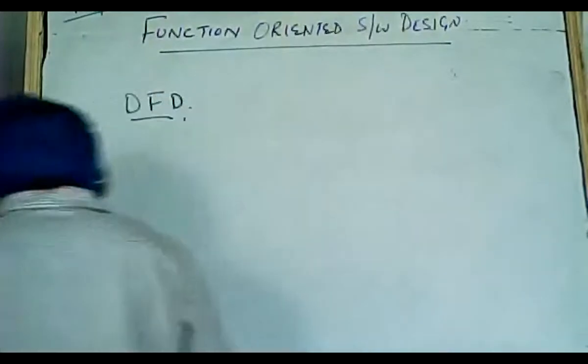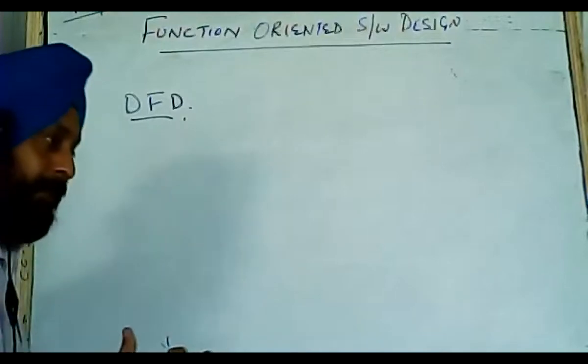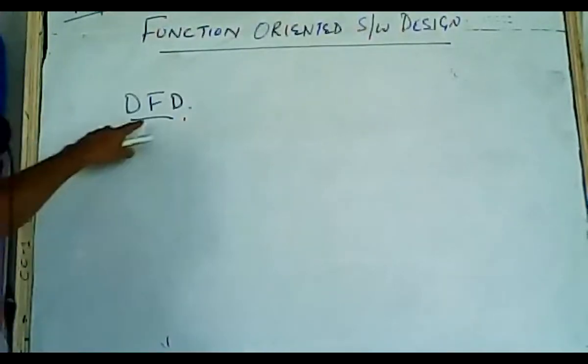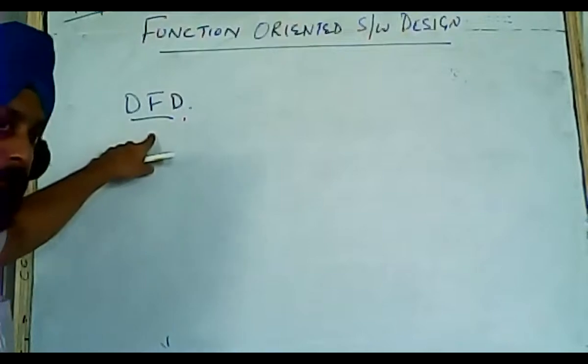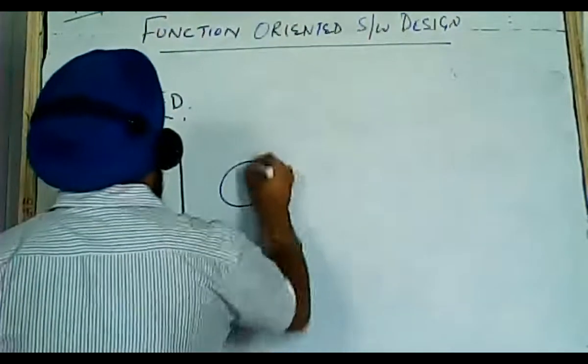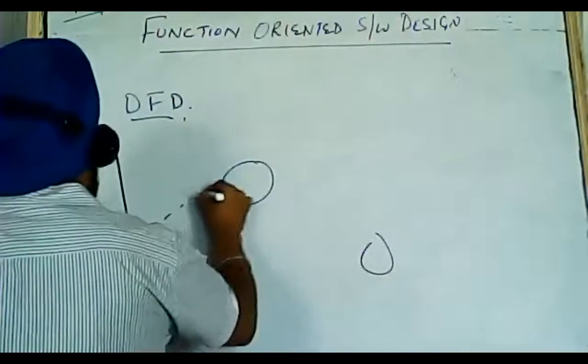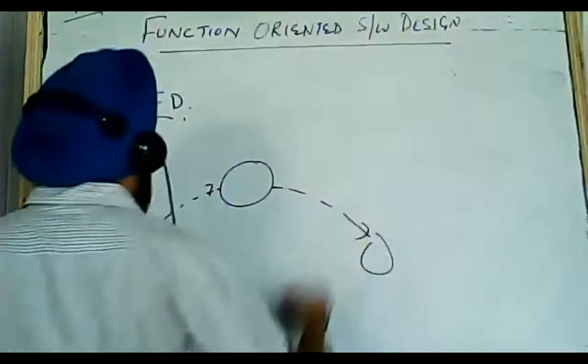It was the modular approach. We have to convert the modular approach into a structured analysis in terms of some functions and represent it through the DFD, that is the data flow diagram. Suppose there is one function, a second function, a third function. Now how does the data flow between the different functions?